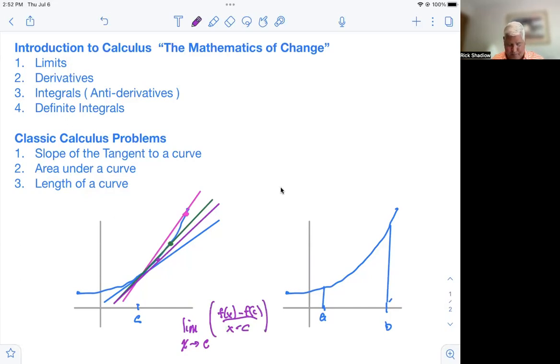And those of you who have done some previous work will recognize that as basically the derivative formula.